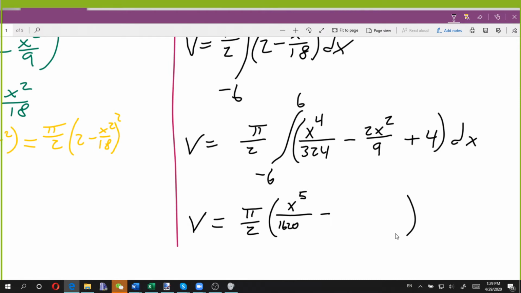Minus 2x cubed over 27 plus 4x. Okay, from negative 6 to 6. Looks good.